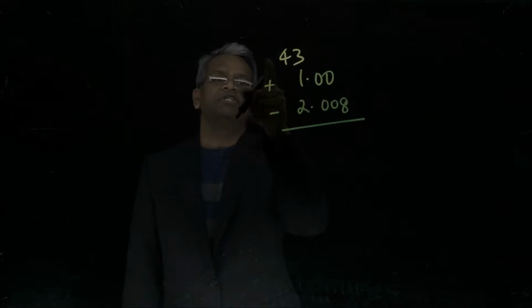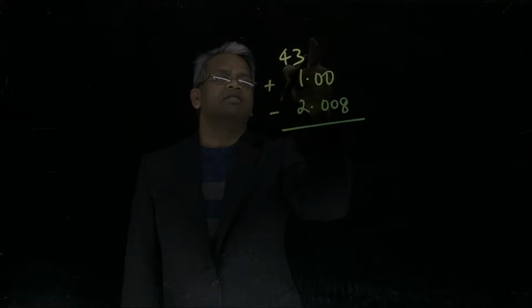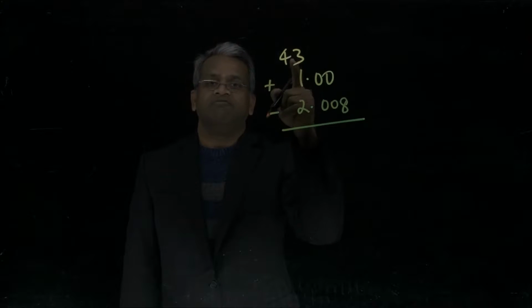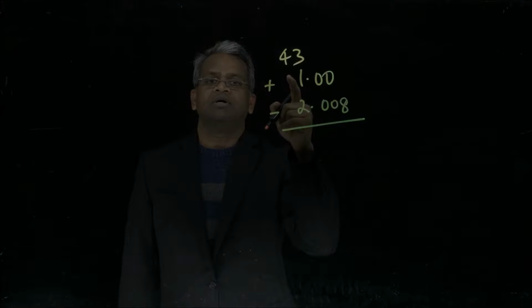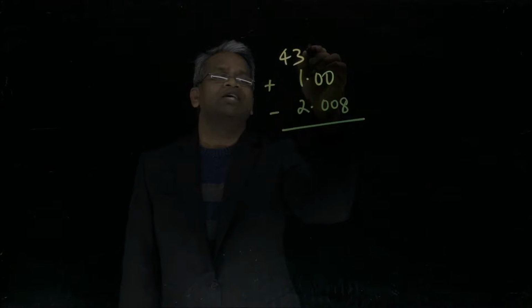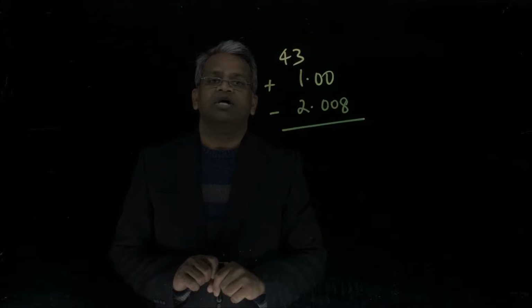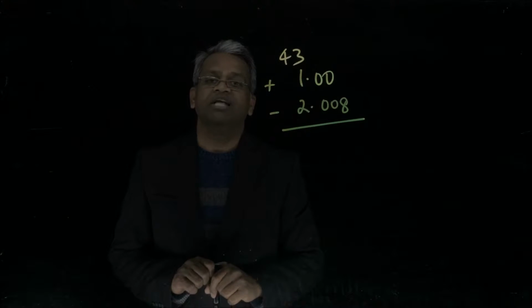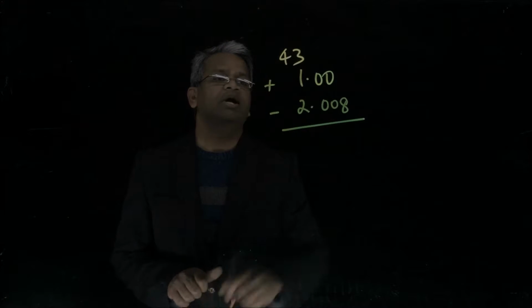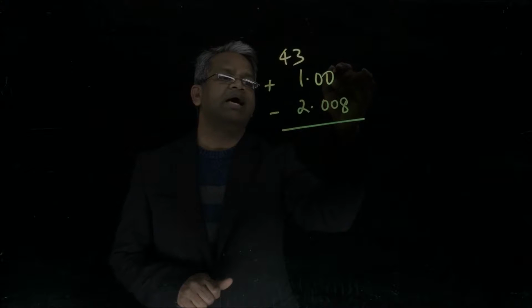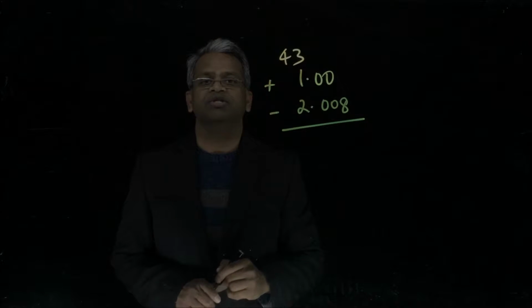Now, for the first measurement, this is the number. And we know that every measurement involves uncertainty. The last digit in a given measured number is the uncertain digit, the inexact digit. In the second value, 1.00, this last digit is the uncertain digit.